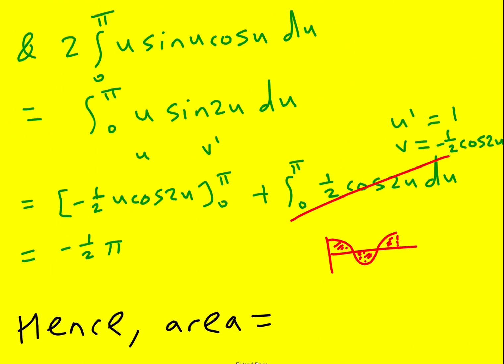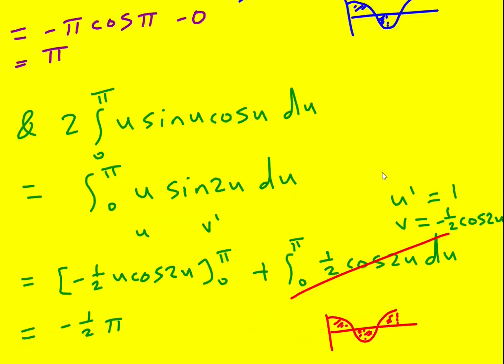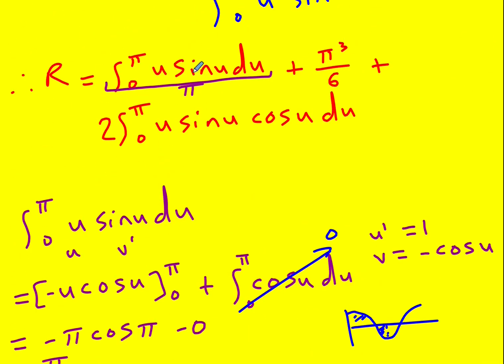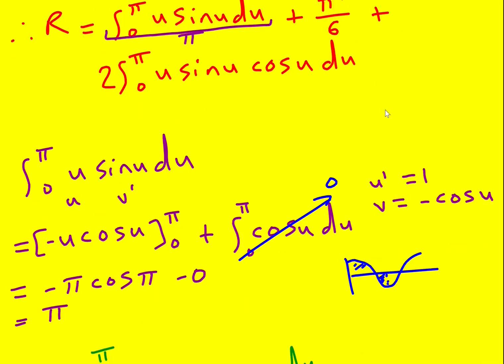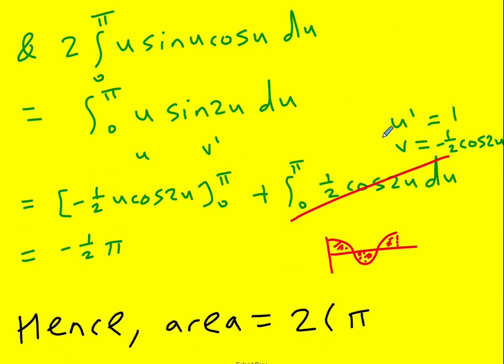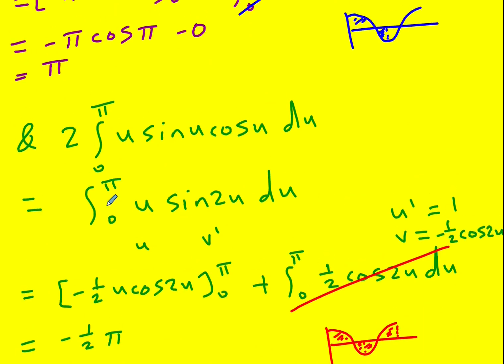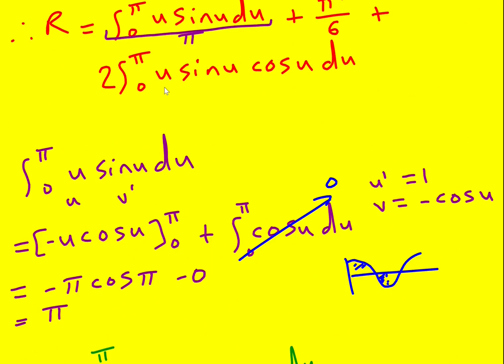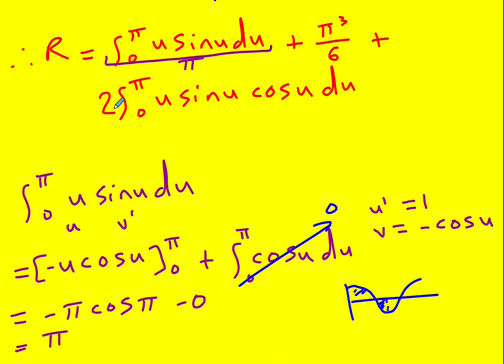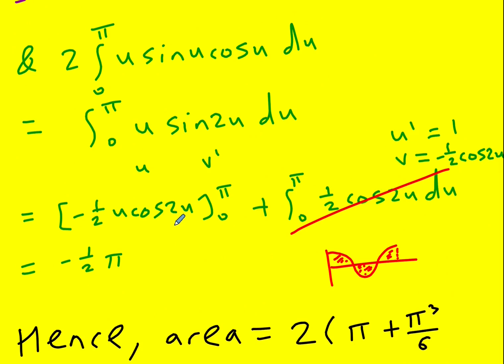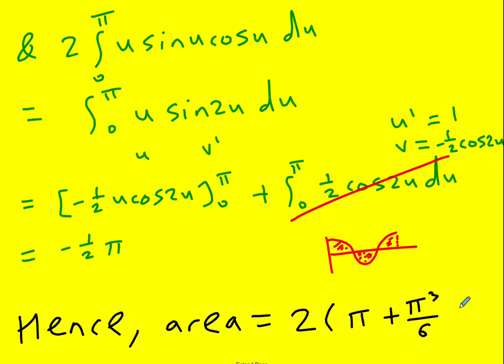So it's going to be 2 lots of pi plus pi cubed over 6, and then we're adding this integral, but it was equal to minus a half pi, so minus pi over 2.